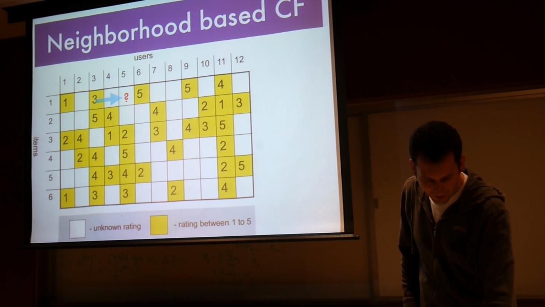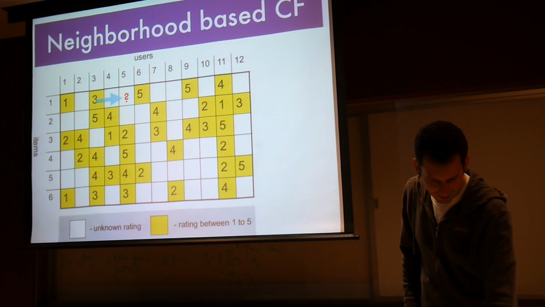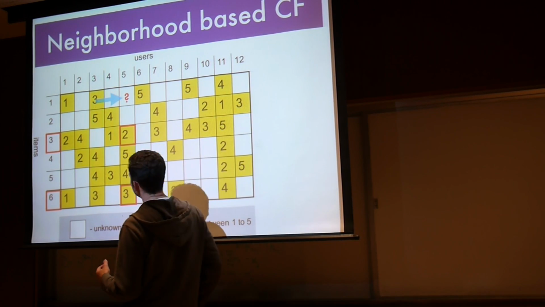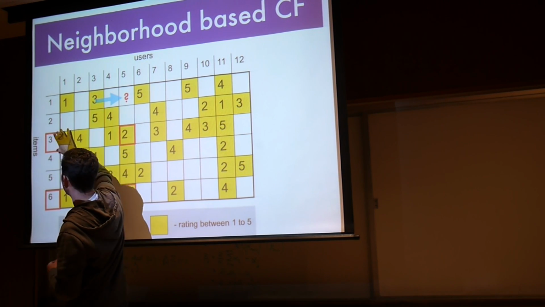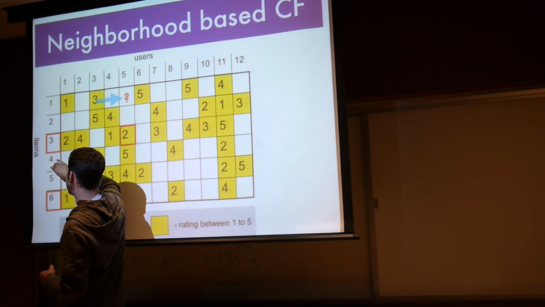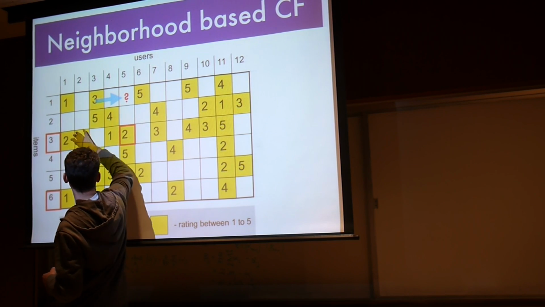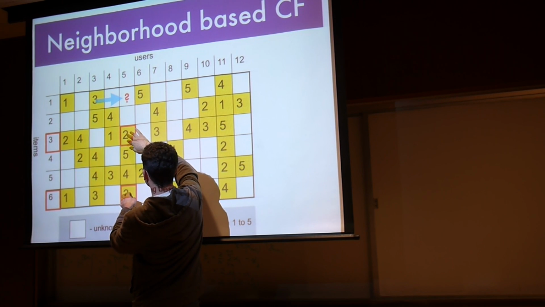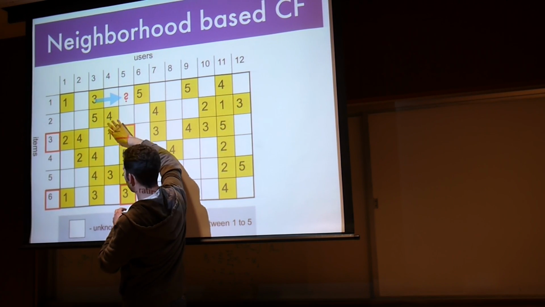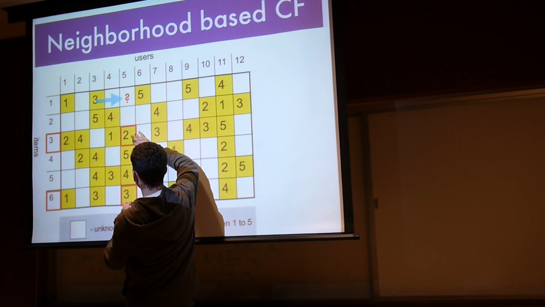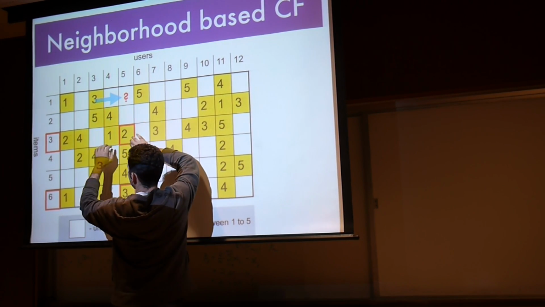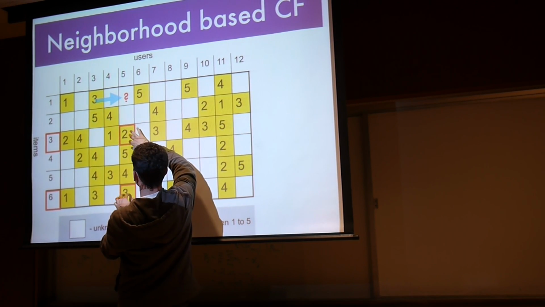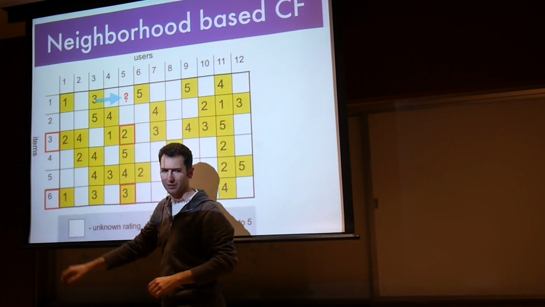What I can do is decide that most similar to item 1 are going to be items 3 and 6. The other ones are not very similar, but items 3 and 6 are quite similar. And they have a score of 2 or 3 respectively for this user. So, given that movie 1 is very similar to movie 3 and movie 6, and the user didn't really care very much for those 2 movies, maybe he won't care very much for that one.